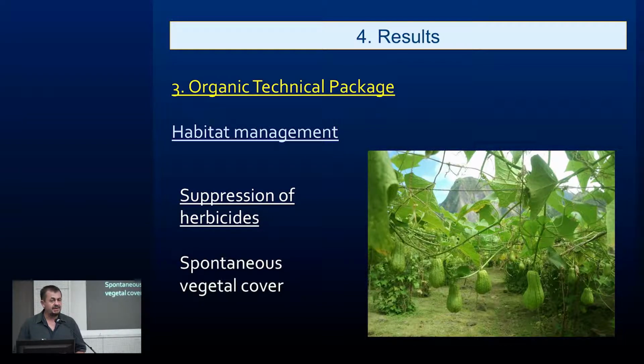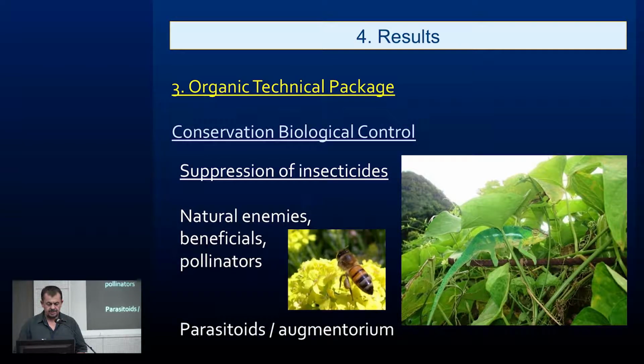Then concerning habitat management, in order to improve the biodiversity in the crop, by suppressing herbicides, we have a spontaneous permanent vegetal cover, which is very interesting for some generalist predators such as ants, spiders, Dermaptera, and so on, which live in the cover.